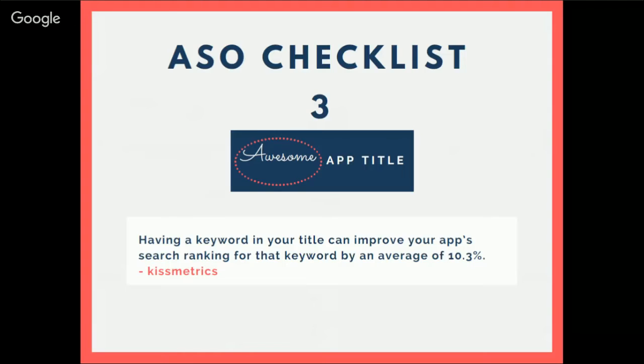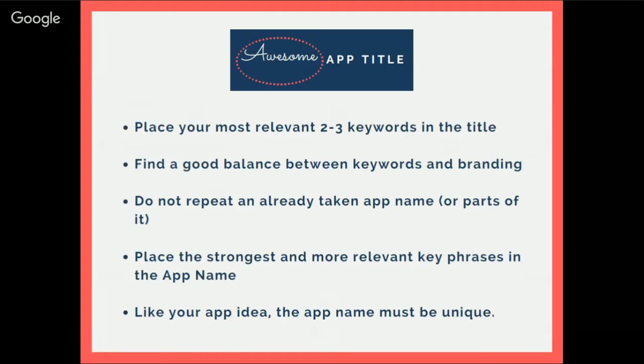That's what Kissmetrics has said from its analysis of more than 1,000 applications. And the app title is important anyway because it is the first thing that any person is going to come across when searching for an application. So what you need to do is try to put 2 to 3 keywords within the title.